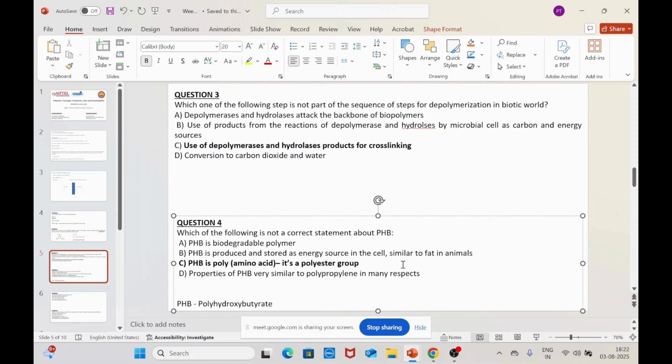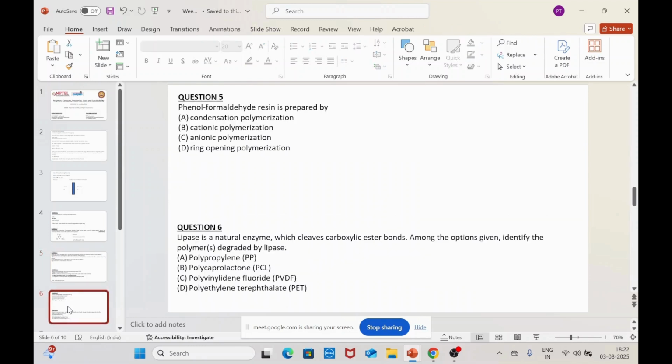And that is the reason why it is a biodegradable polymer, because these polyester groups, as we previously discussed, like PLA, have ester groups that are susceptible to attack by the enzymes present in the environment, and thus these polymers are biodegradable in nature. So PHB is a polyester group. So let's move on to the next question.